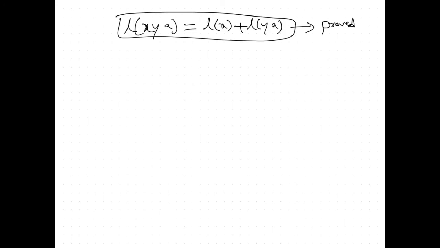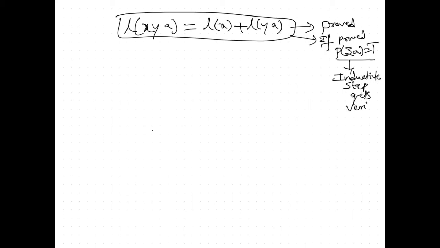If this is proved, what happens? P of za becomes true. If P of za becomes true, what happens? The inductive step gets verified. This is very, very important.